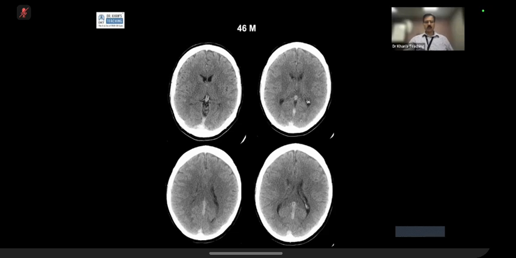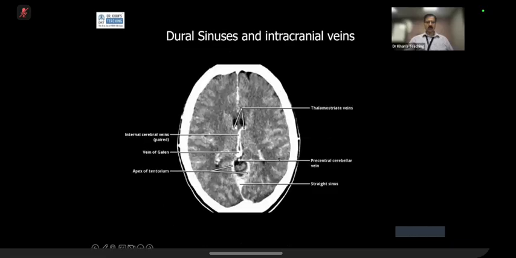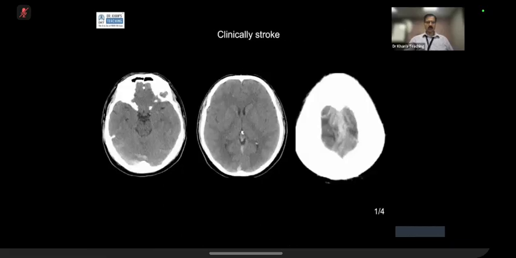Sometimes dural venous sinus thrombosis can be seen on a non-enhanced CT as in a thrombosed vessel, just like a thrombosed artery can be seen in cases of stroke, like hyperdense MCA sign, or hyperdense basilar artery sign. So in this particular case, we can see that the internal cerebral veins are hyperdense, and the straight sinus is hyperdense, and this is the confluence of sinus, which is hyperdense. So this was a case of dural sinus thrombosis.